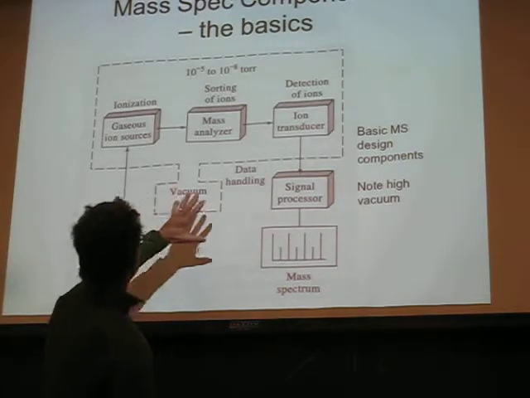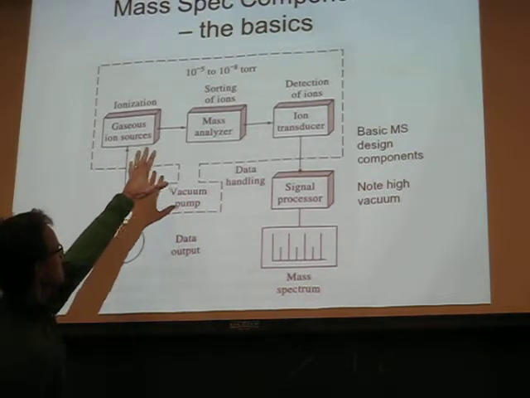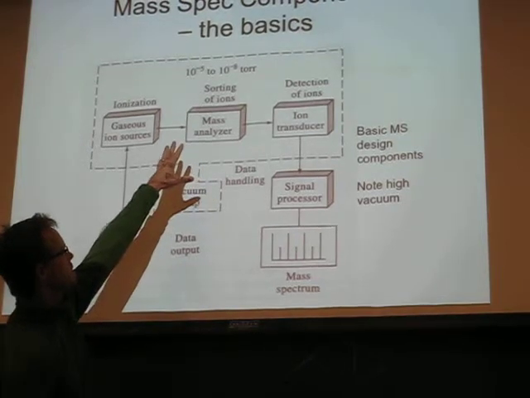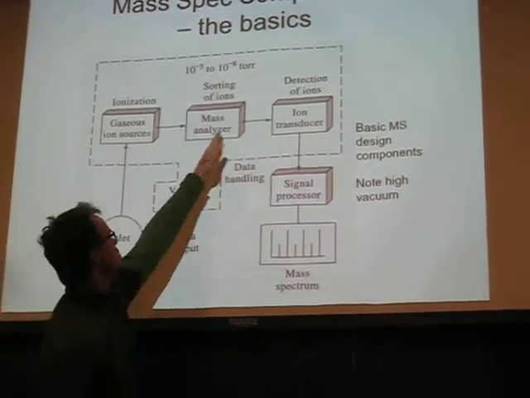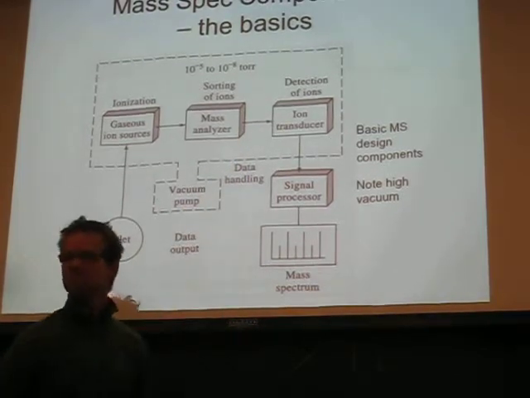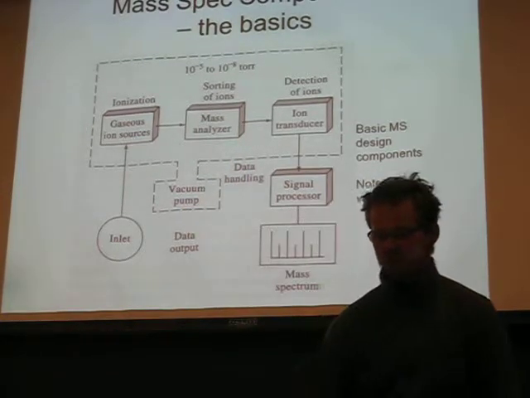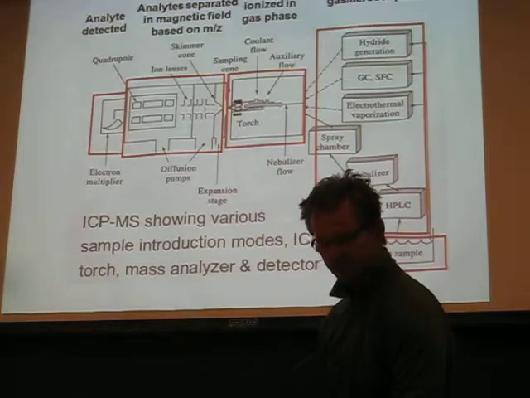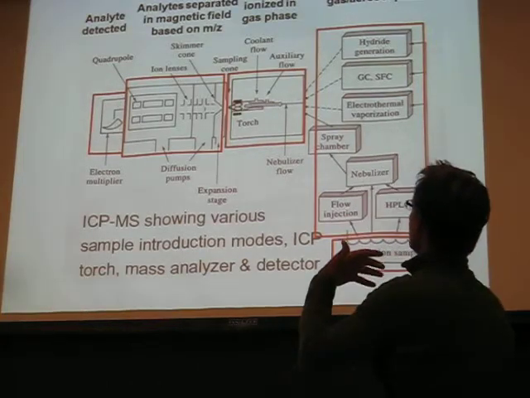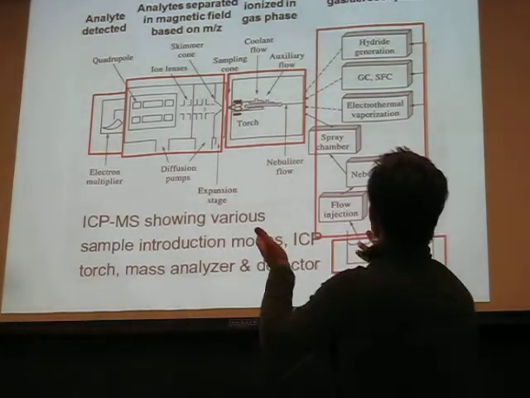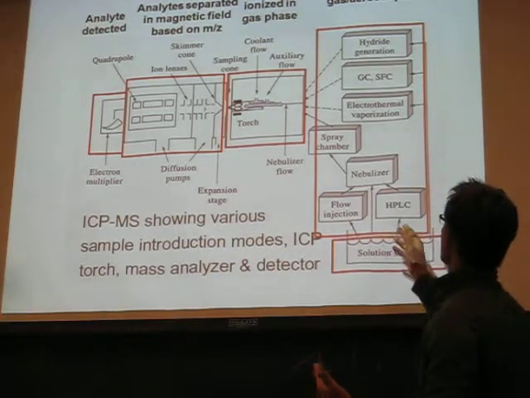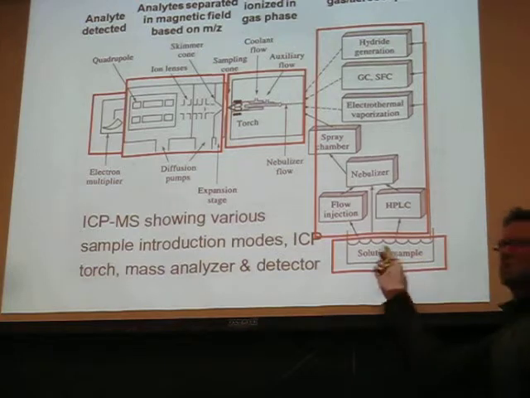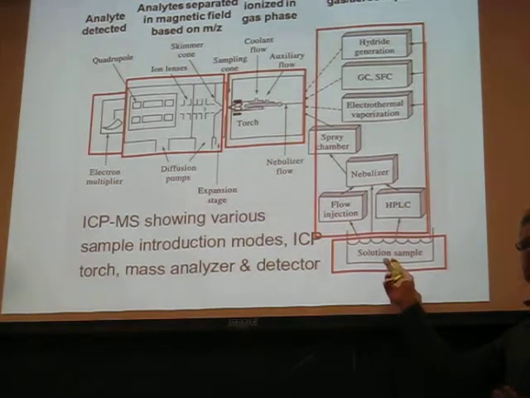So if you look at the components, you've got to make an ion, you've got to separate the ions based on their mass to charge ratio, you've got to measure the ions, and all of this has to be done under a high vacuum, which is actually relatively simple from that standpoint. Now, if you look at it in a little more sophisticated way, in reality, when we look at mass spectrometers, we have our solutions, a water sample.